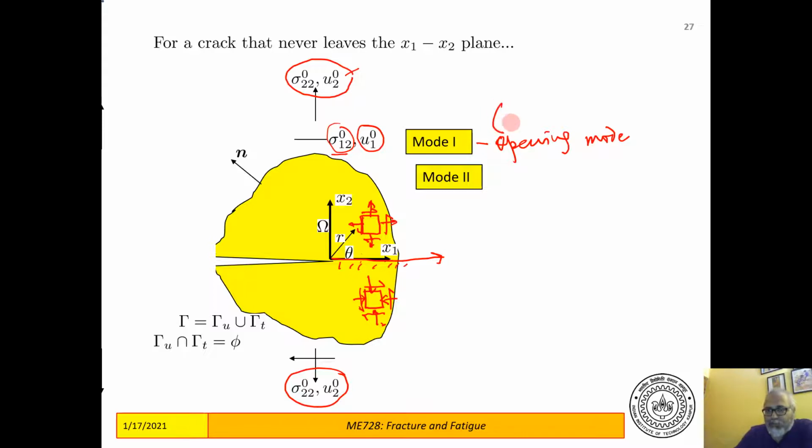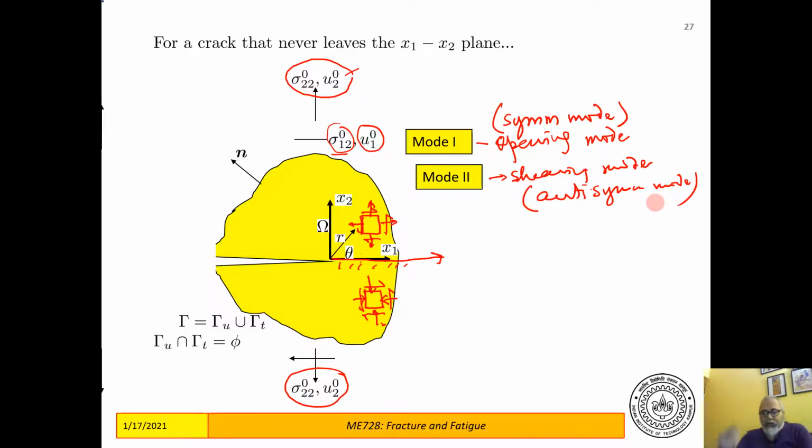So opening mode is also a symmetric mode, and mode 2 is a shearing mode or an antisymmetric mode. So if you apply your remote stresses in the plane, so you are looking at the 1 2 plane, the remote stresses that you can apply are sigma 11, sigma 22, sigma 12 0.